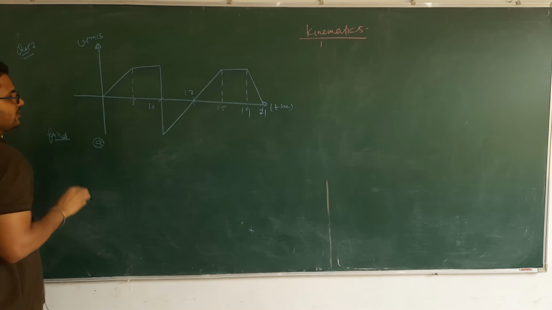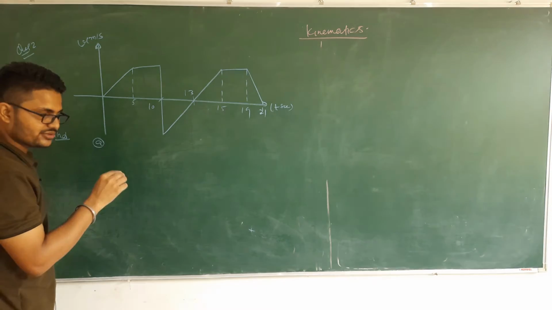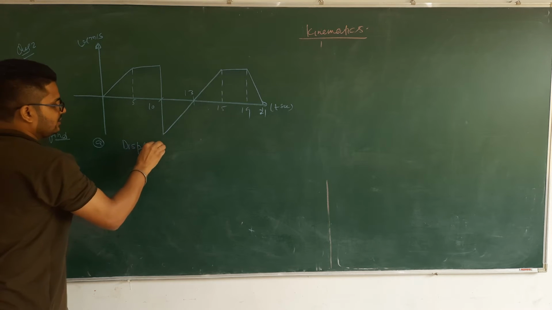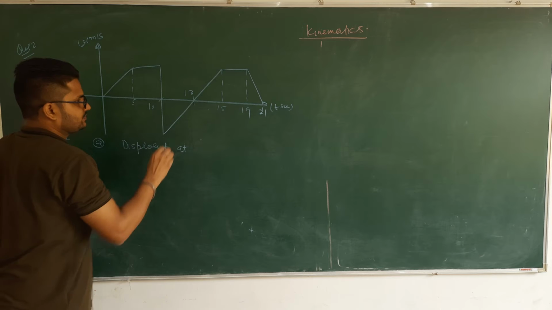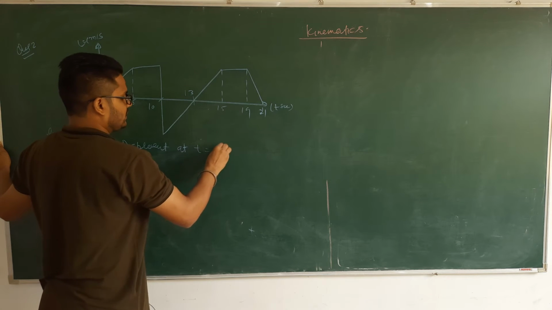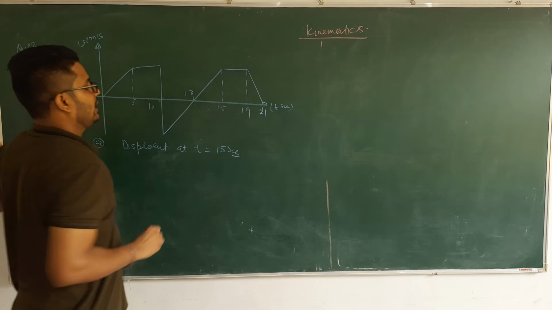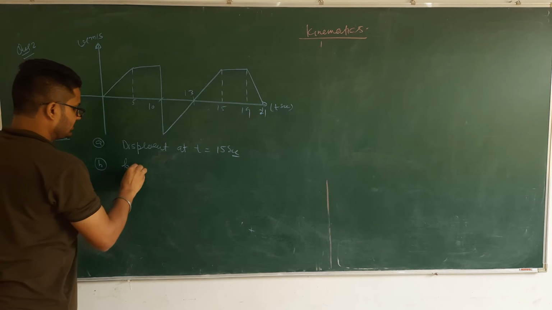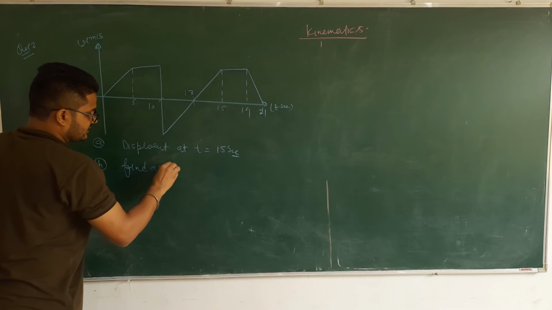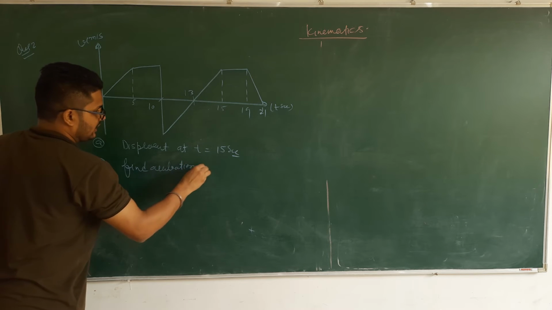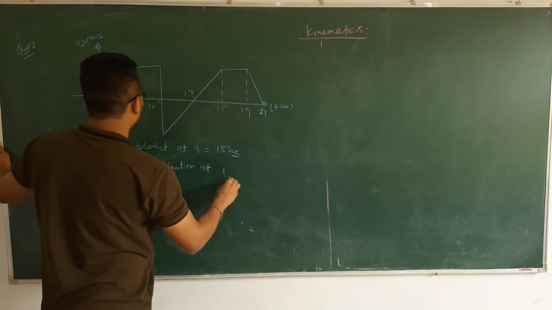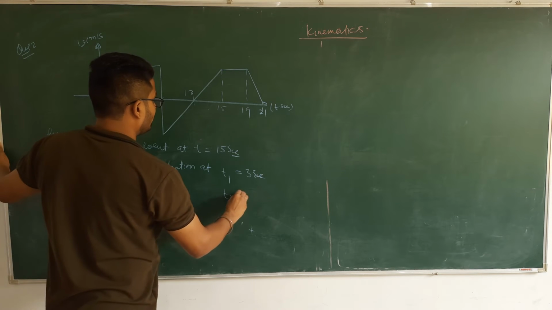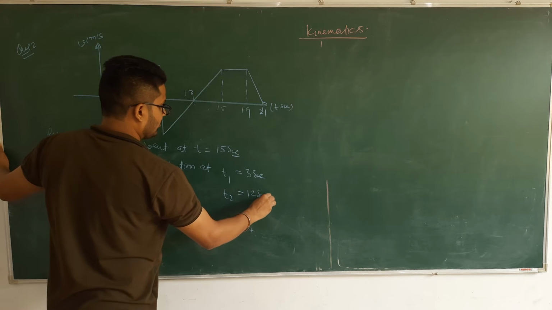First of all, find question A. We are not calculating distance, we are calculating just displacement at t equal to 15 seconds. B: find acceleration at t1 equal to 3 seconds and t2 equal to 12 seconds.